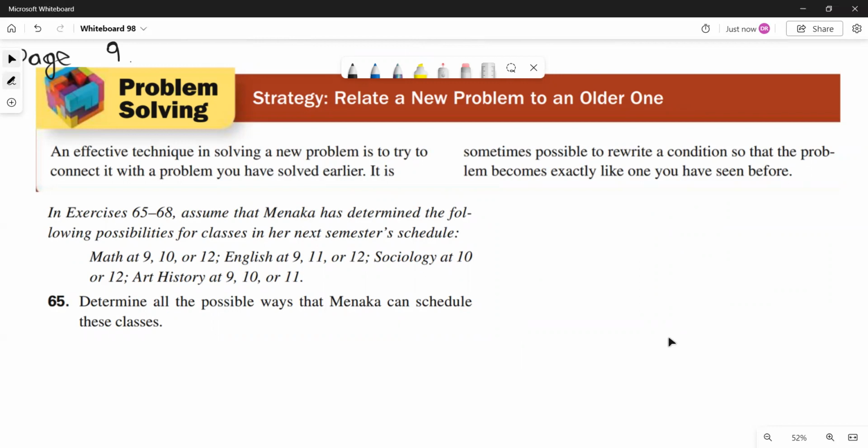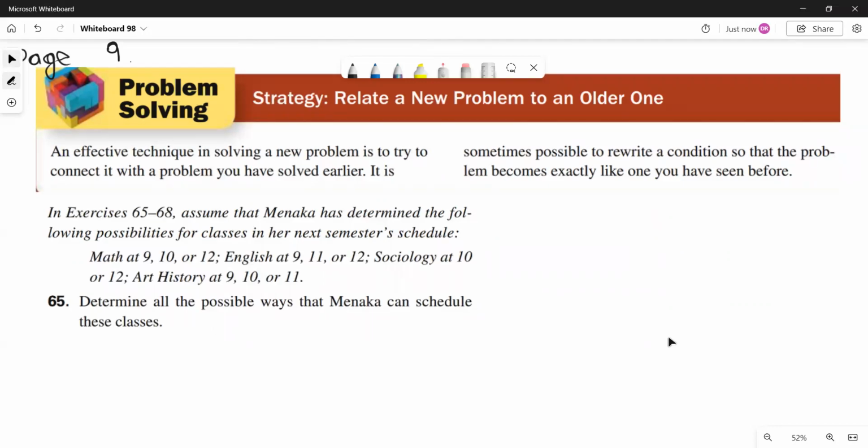She can take math at 9, 10, or 11. English at 9, 11, or 12. Sociology at 10 or 12, and art history at 9, 10, or 11. Determine all the possible ways that Menaka can schedule these classes.